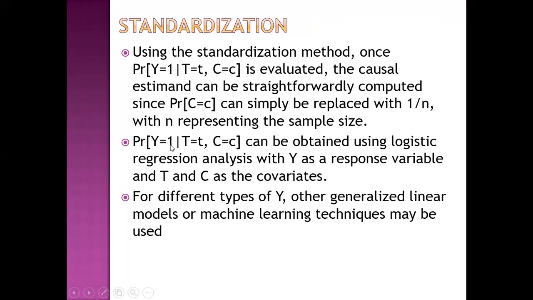Probability that Y is equal to 1 subject to treatment and confounder can be obtained using logistic regression analysis with Y as response variable and T and C as covariates. For different types of Y, other generalized linear models or machine learning techniques may be used.